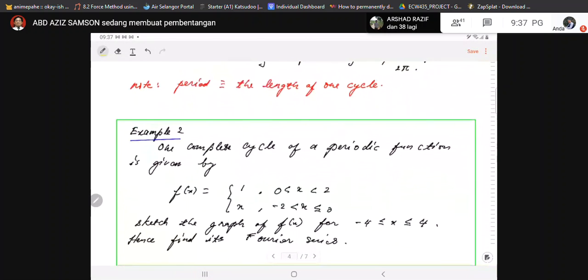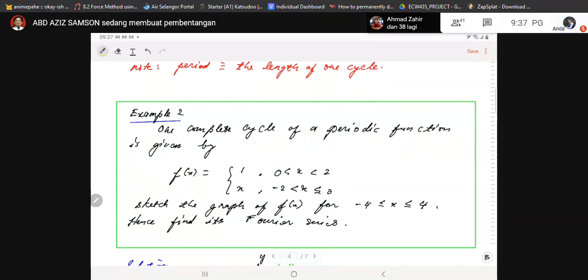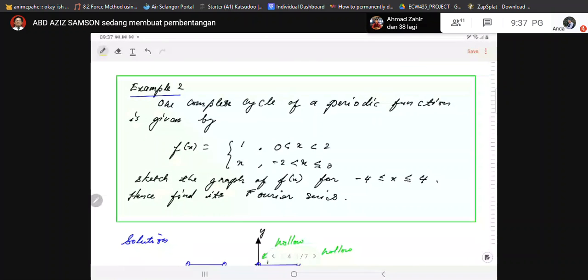So what I want to do in example 2 is to find the Fourier series of this periodic function, given that f of x is piecewise continuous.